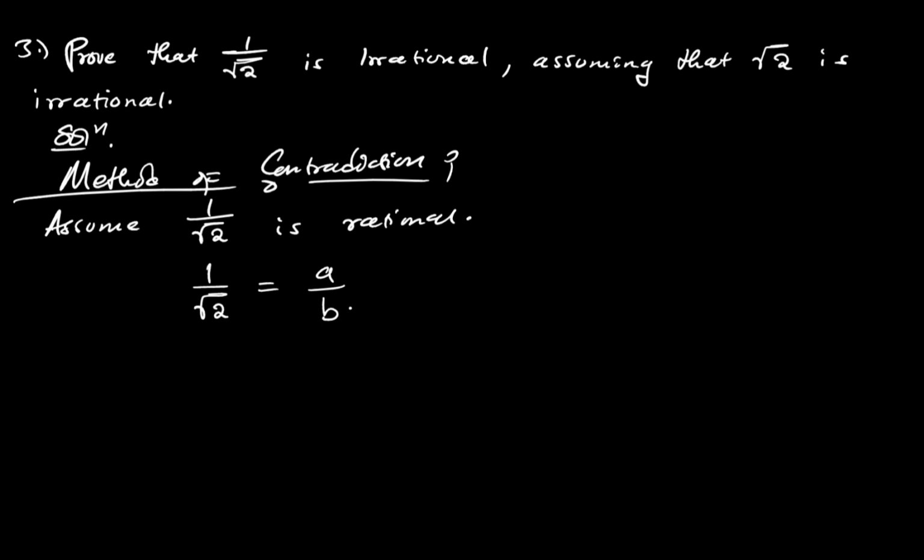One of the smartest tricks you can always do is to try to get what is in the statement. You've been told to assume that root 2 is irrational. So I want to get a statement where tomatoes cannot equal guavas, where irrational cannot equal rational. So I'm going to make at least one side of the equation appear like the statement in the question, which is root 2.